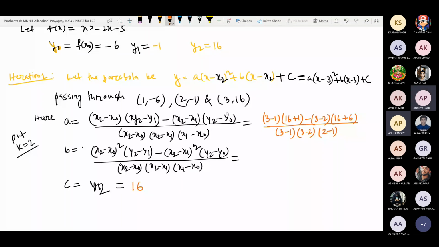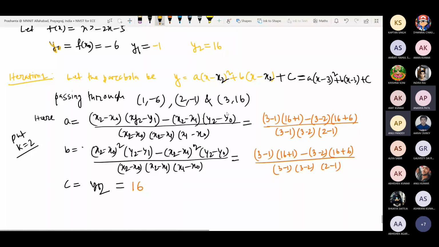Okay, and b will be very similar to that, only two squares will be there. So it will be 3 minus 1, 16 plus 1, minus 3 minus 2, into 16 plus 6, by 3 minus 1, 3 minus 2, 2 minus 1.